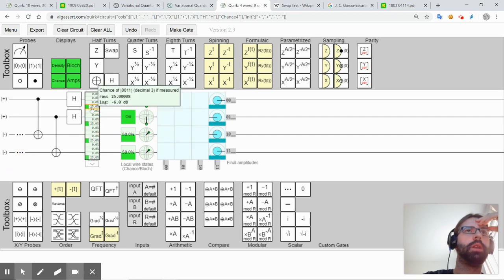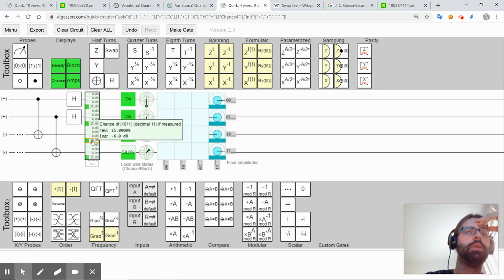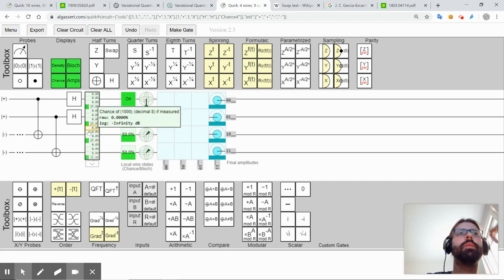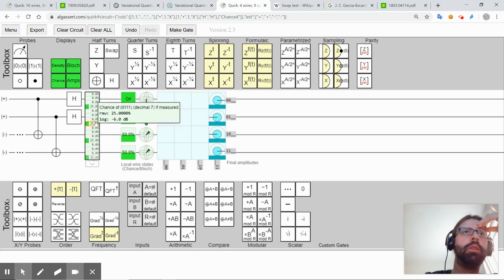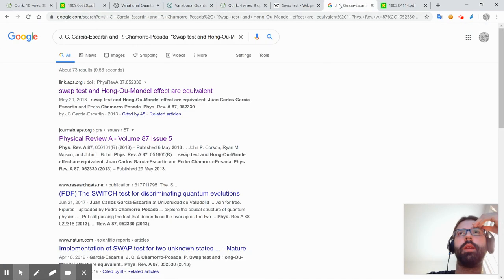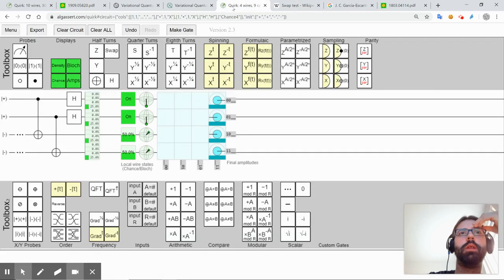Okay, so it looks like this: 0, 1, 0, 0, 1, 1, 0, 0, 1, 1, 1, 1. So somehow you calculate the expectation value of a controlled Z. How to do that? Where am I? Here.